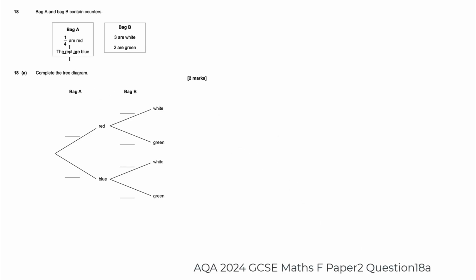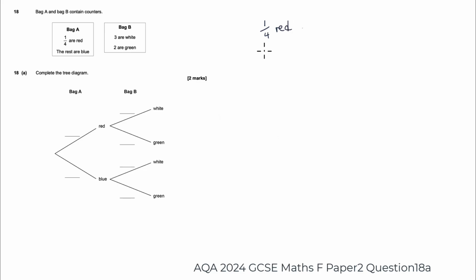So here's question 18. We're told we have two bags containing counters. In bag A we've got red and blue. In bag B we've got white and green. Bag A, we're told that 1/4 are red, the rest are blue.